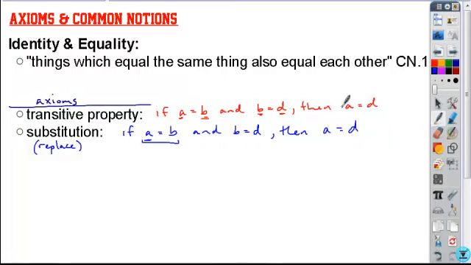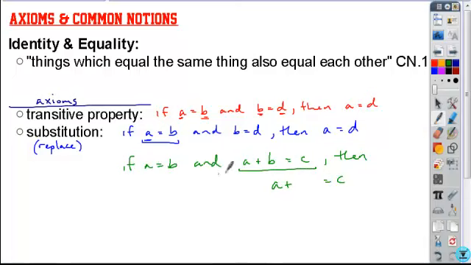So let me show you a case of substitution that's strictly substitution. It's not an example of transitive property. So if you have A equals B and A plus B is equal to C, then the conclusion that you can draw based on substitution would be, if we took this entire equation here, A plus blank is equal to C, what can we replace B with?